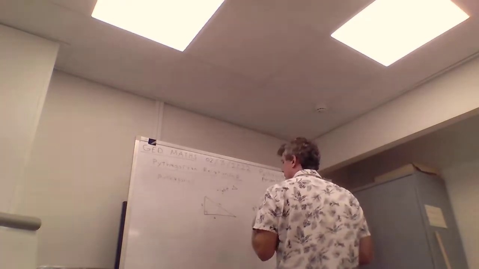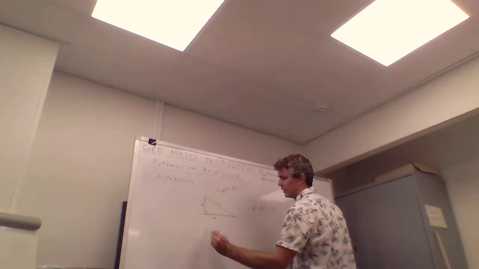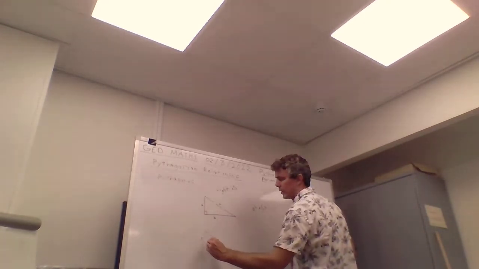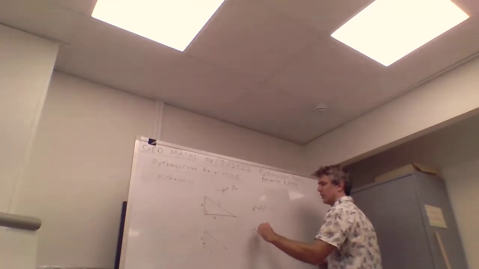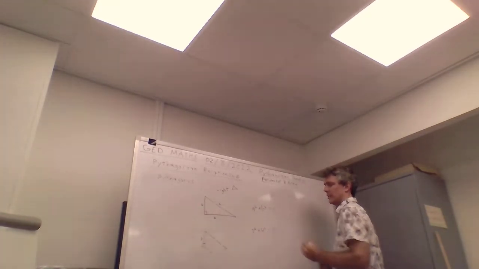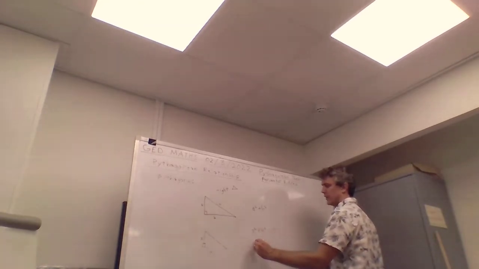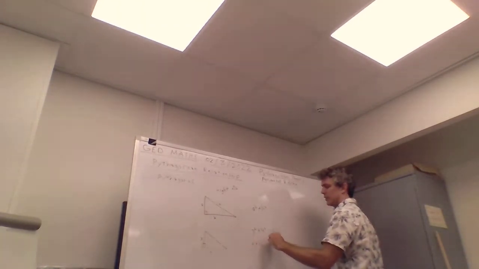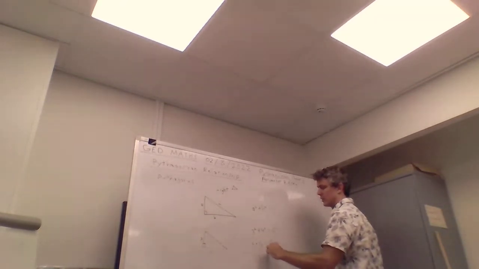One of the easiest ones is if we have a right triangle, the standard one, where this is 3 and this is 4, then we can find C. So we do 3 squared plus 4 squared equals c squared. First we add these together: 9 plus 16 equals c squared. 25 equals c squared.